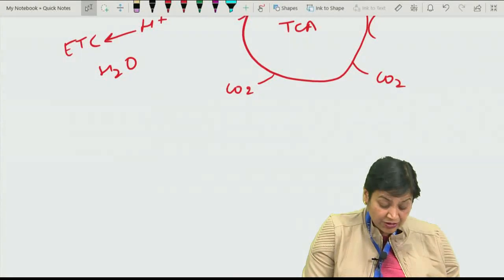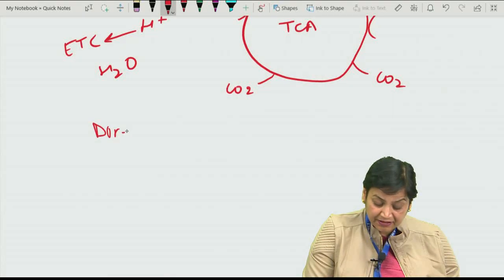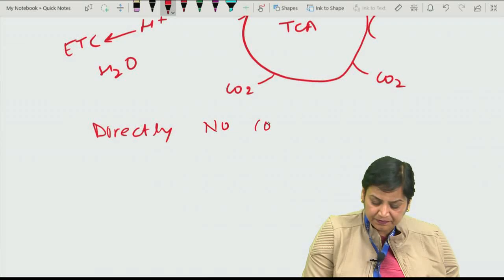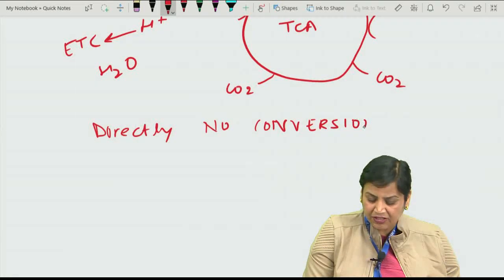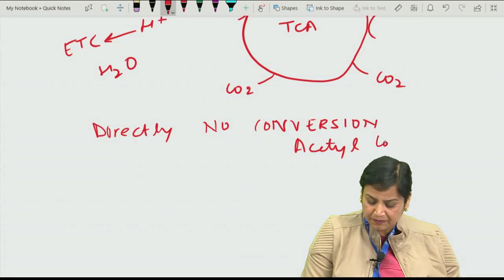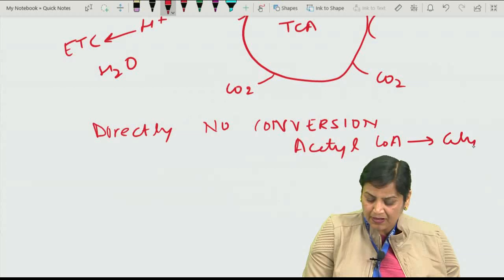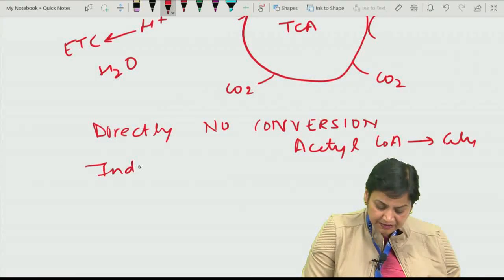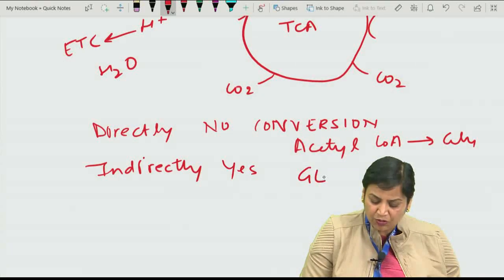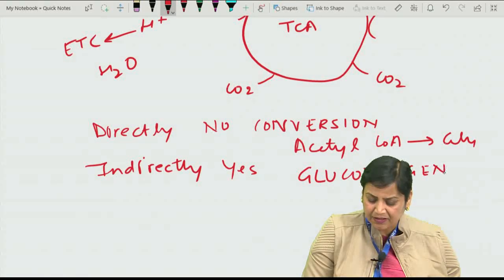Indirectly it can. Directly, no conversion. Conversion of acetyl CoA to glucose. Indirectly, yes, by gluconeogenesis.